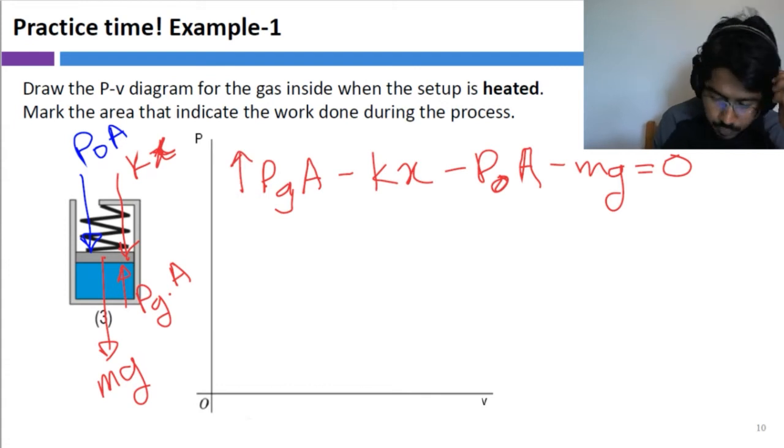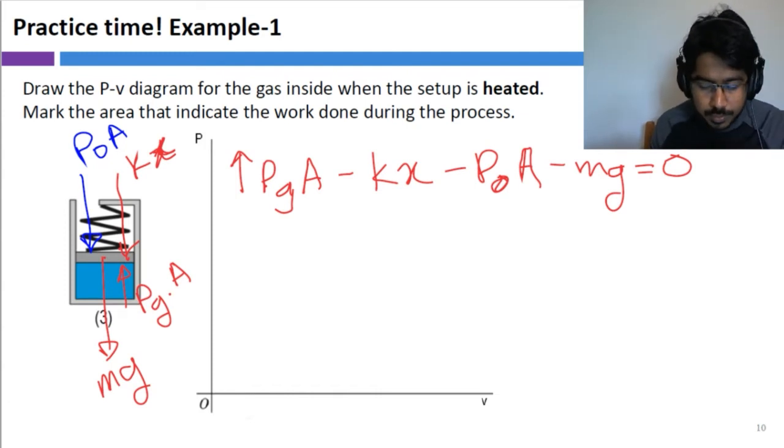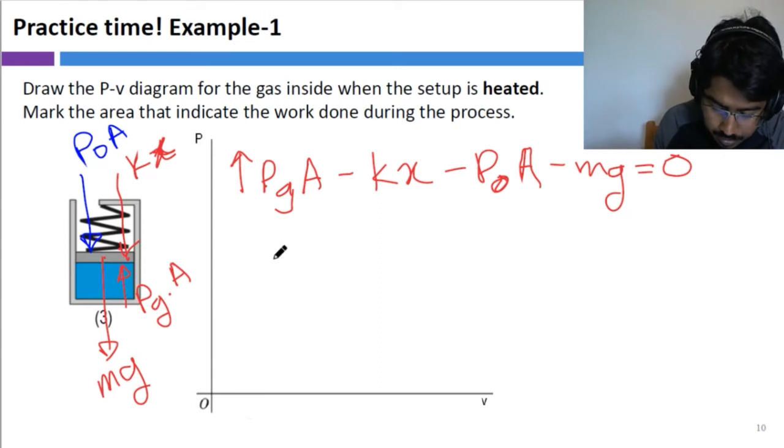So in this case, we know that this expression exists. We need to find an expression for P gas with respect to specific volume or the displacement. For now, we'll go with getting an expression for Pg using this one.